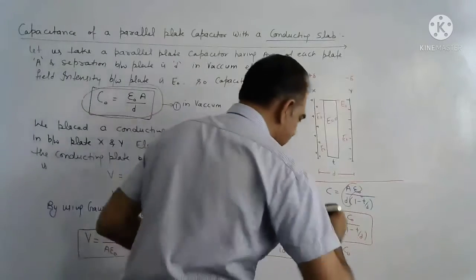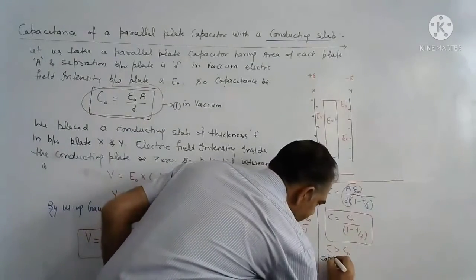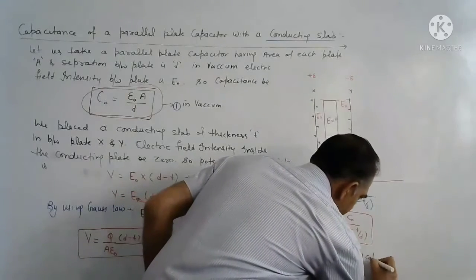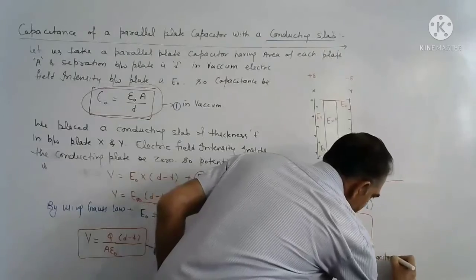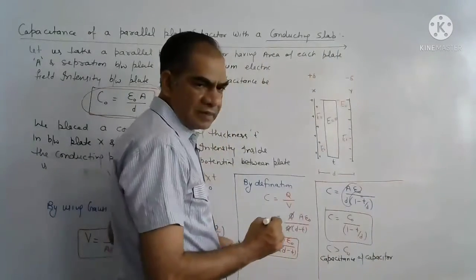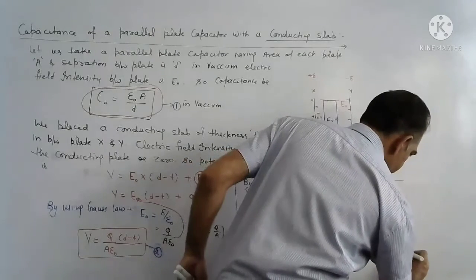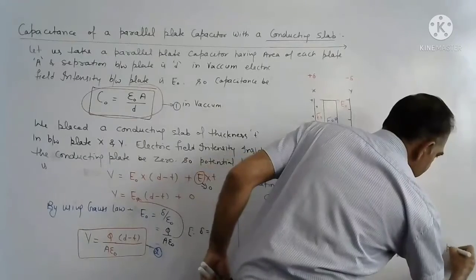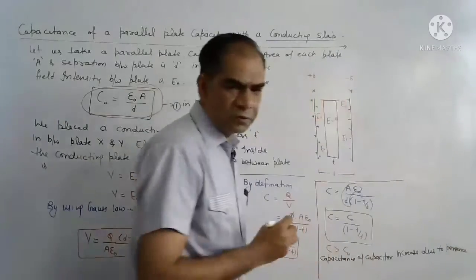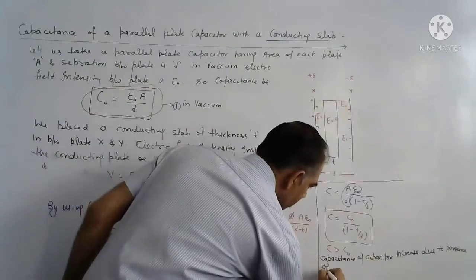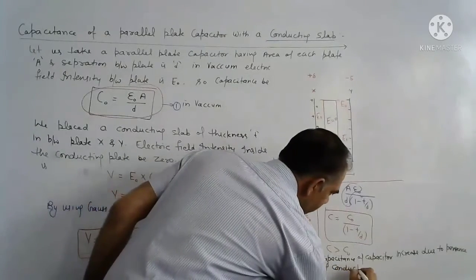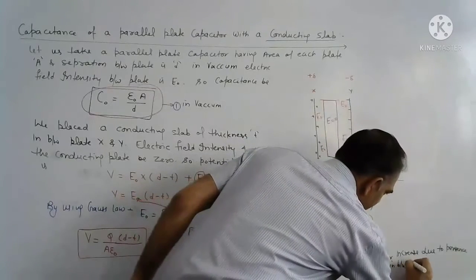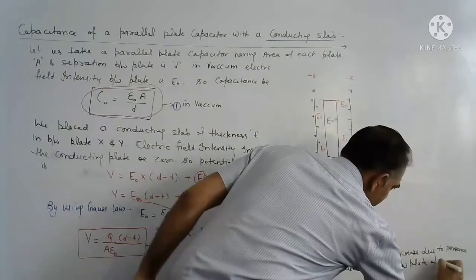And finally we write that the capacitance of the capacitor increases due to the presence of a conducting slab in between the plates of the capacitor.